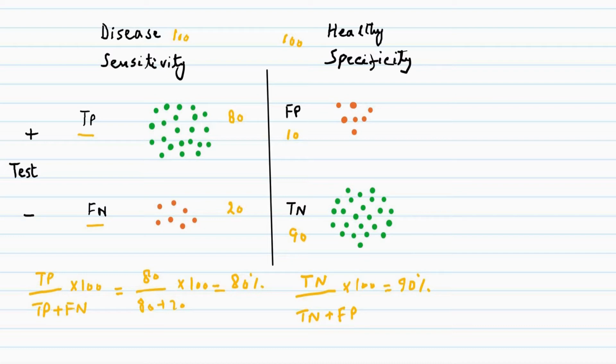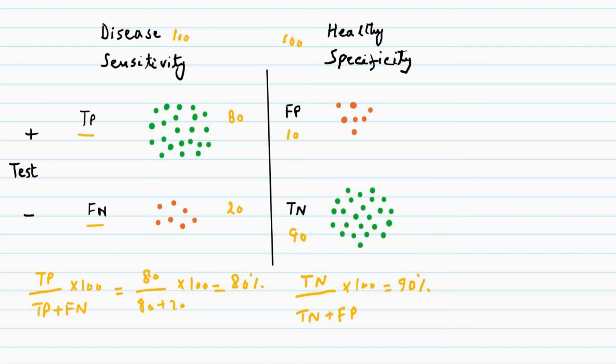Before we proceed further, we'll see that once the sensitivity and specificity of a test is established, it will remain the same. The prevalence of disease doesn't affect the sensitivity and specificity value.